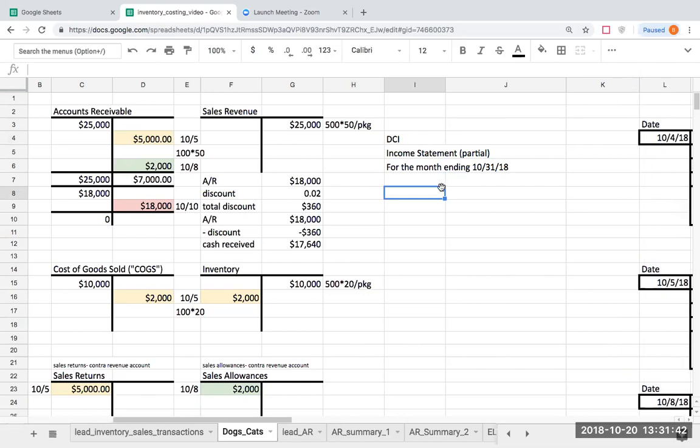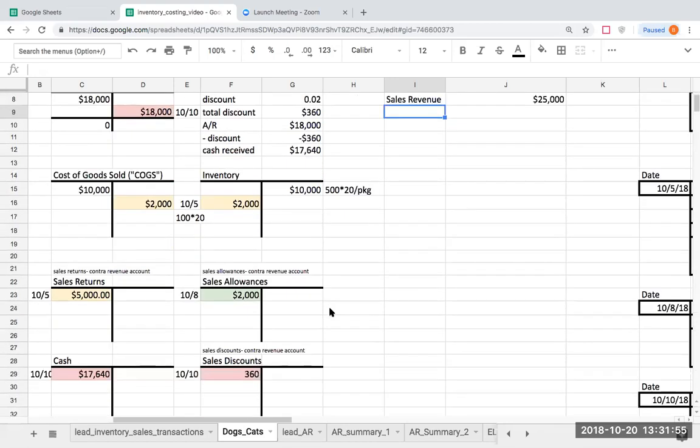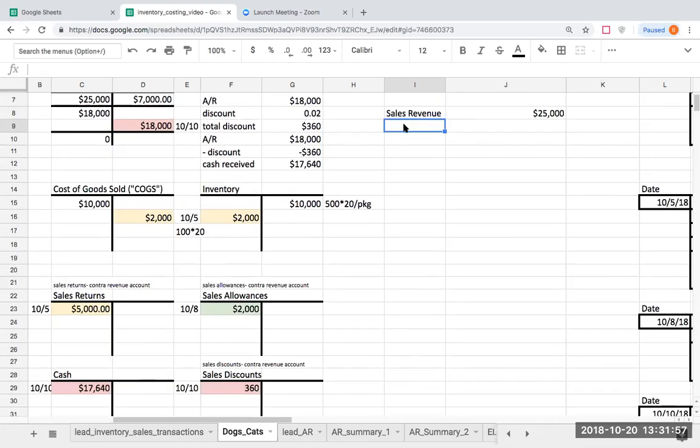Well, their income statement would essentially have sales revenue of $25,000.